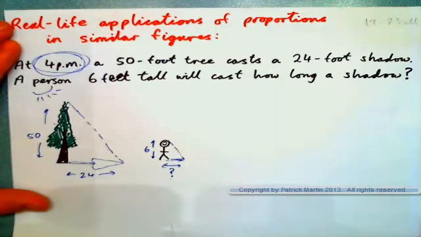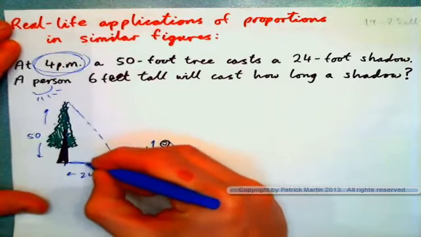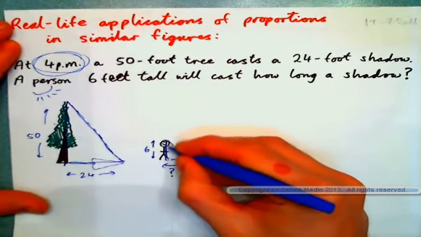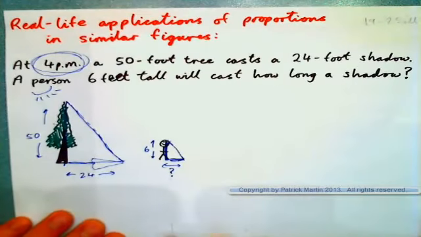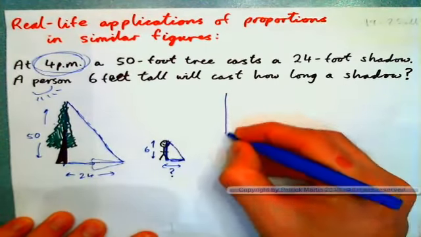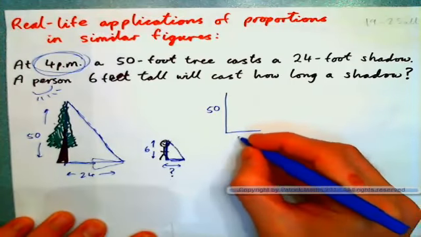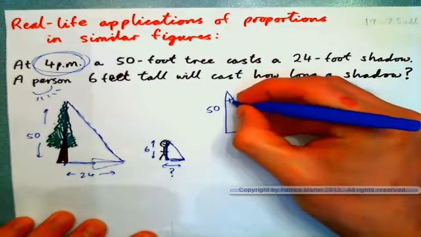Basically what we're looking at are two triangles. You've got this triangle here, the tree, the shadow, and how the sun shines down, and the triangle with the person and its shadow. So what we have are similar figures. We have one triangle which is 50, the height of the tree, and the shadow is 24 feet long, and this angle here is the same.